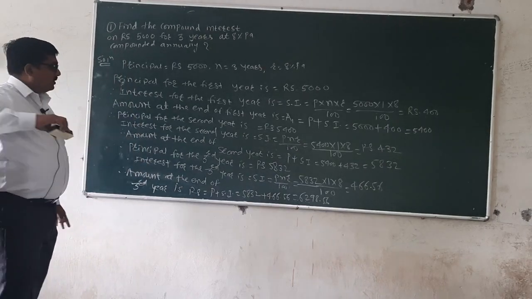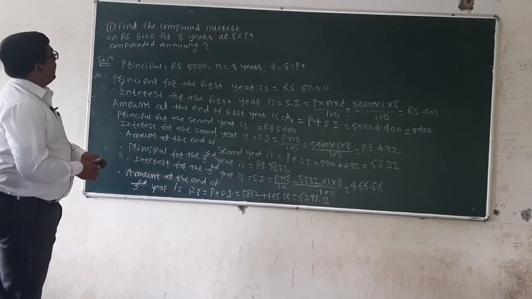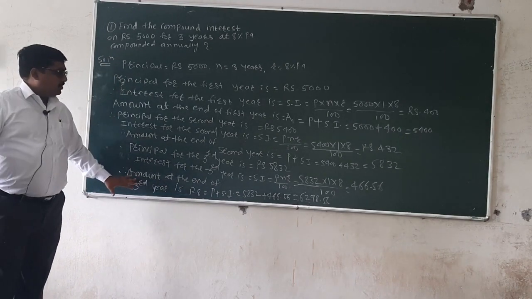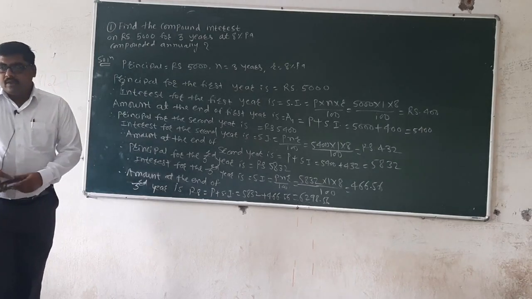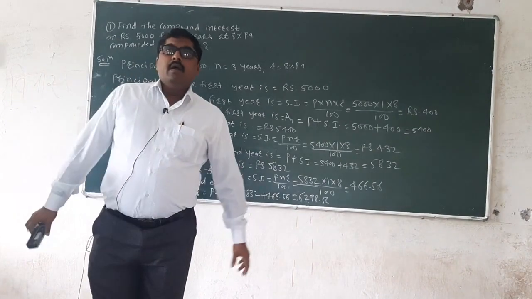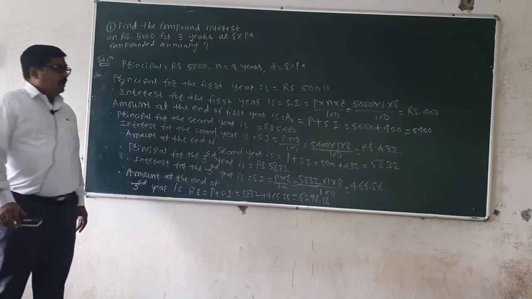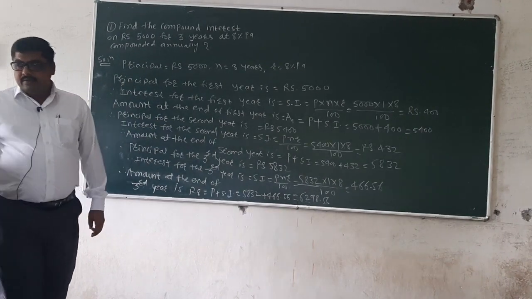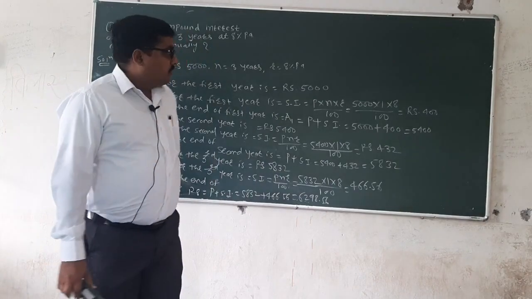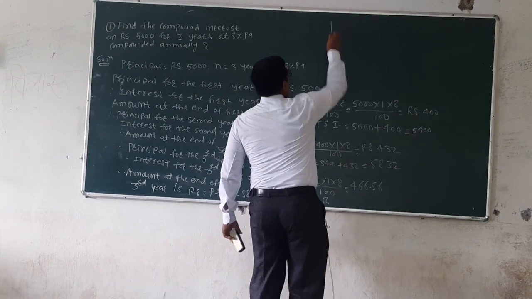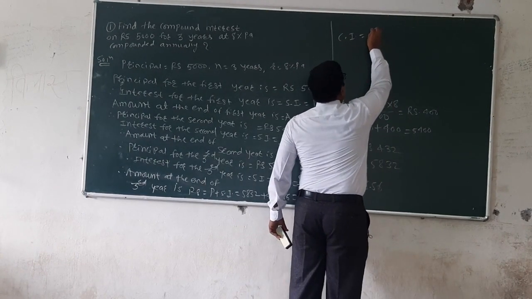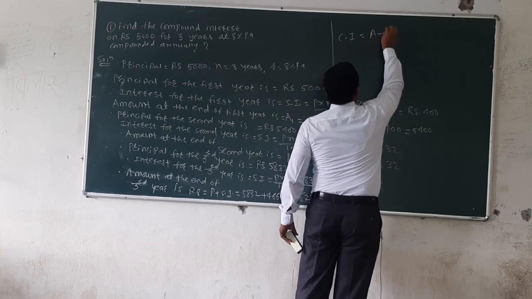Now we have to calculate compound interest. This is your amount, right? So compound interest is calculated in such a way that compound interest equal to amount minus principal.